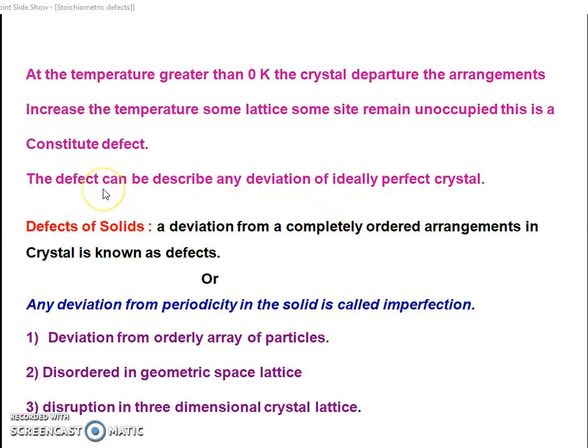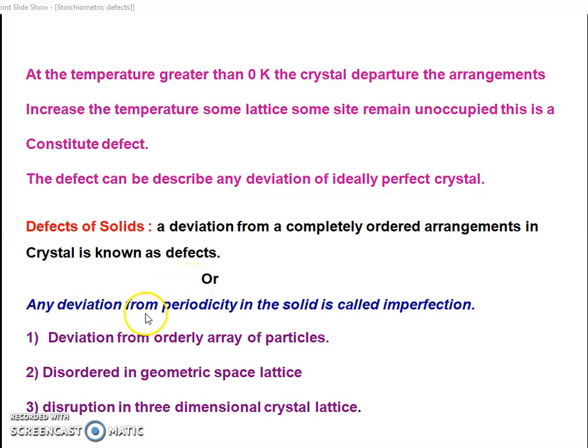Now we define the defects or imperfections in crystals. A defect in a solid means a deviation from a completely ordered arrangement in the crystal, and is known as a defect.